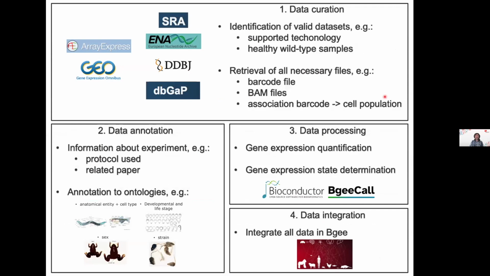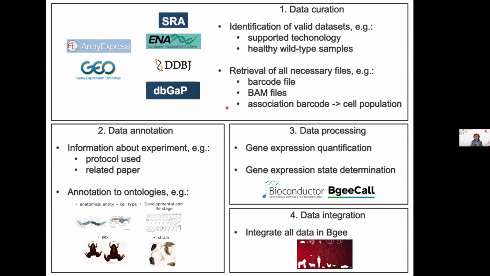So in summary, we curate data from these different sources to identify valid data sets, so technologies we can use, healthy wild type samples. We recover all the necessary files and this is pretty simple for microarrays and bulk RNA-Seq. It's just the expression data, and for single cell we also recover the BAM files, and the association between barcodes and cell populations.